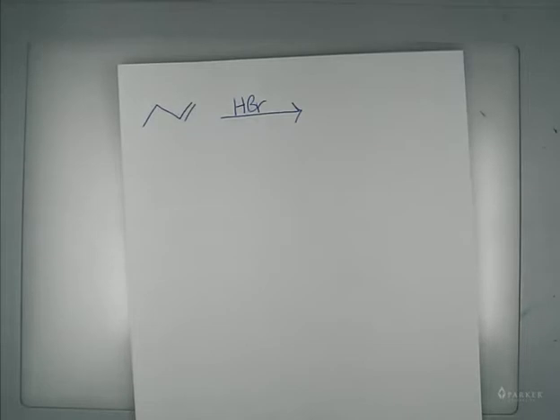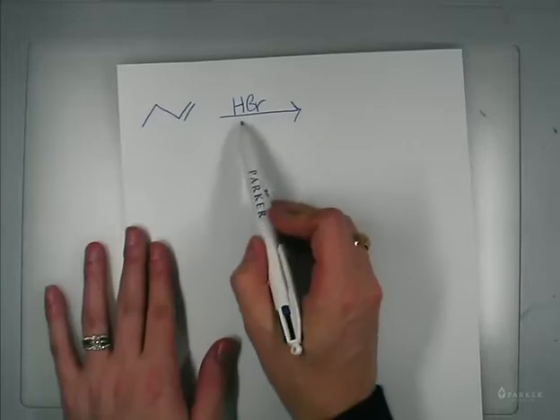What will this add across the double bond? H and a Br. Is this going to be Markovnikov or anti-Markovnikov? Markovnikov. What makes it anti? Peroxide.